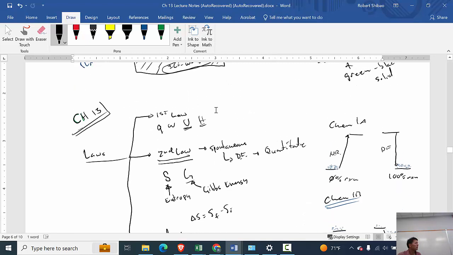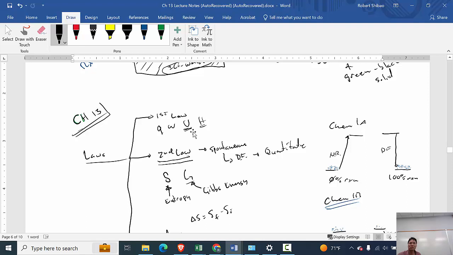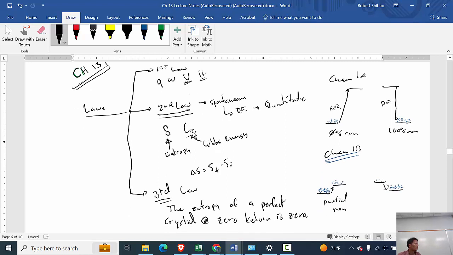Whereas if I want delta H or delta U, I can't do that because we don't calculate the absolute internal energies and absolute enthalpies. And so the third law allows us to determine the absolute entropies. And we'll talk about how that's done later. And so we're going to be using this stuff in a little bit.